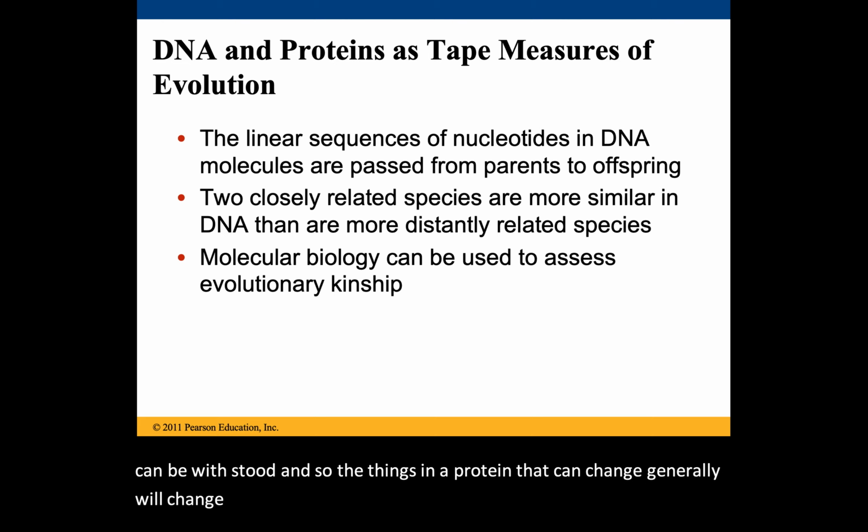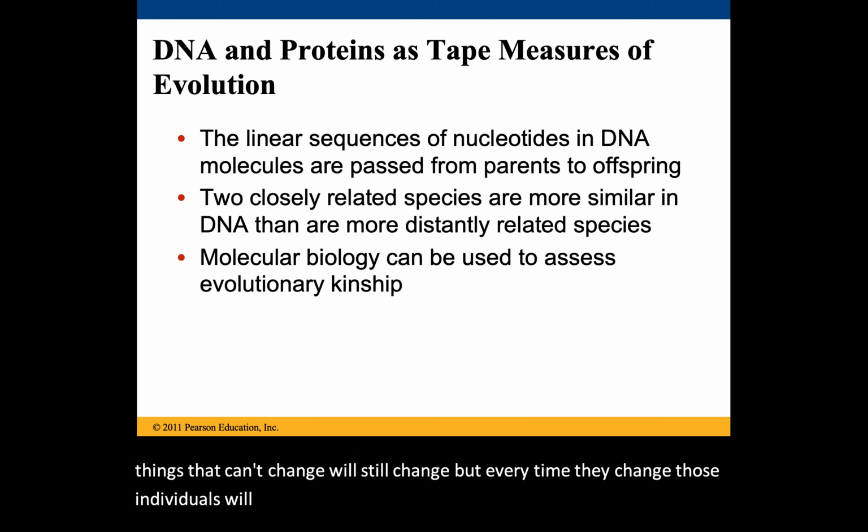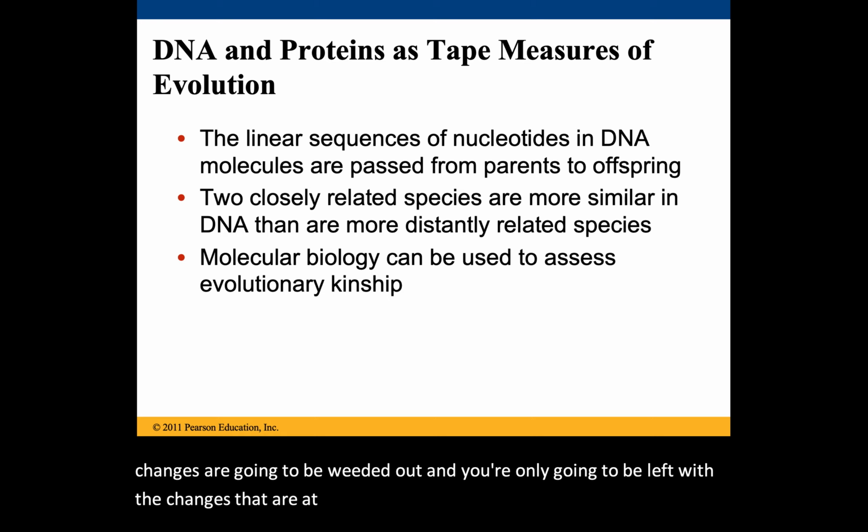So mutations will build up and change will happen. The things that can't change will still change, but every time they change, those individuals will die. And so that's natural selection, basically, right there. Any bad changes are going to be weeded out, and you're only going to be left with the changes that are at least neutral to slightly positive. That's what you're going to get in nature.